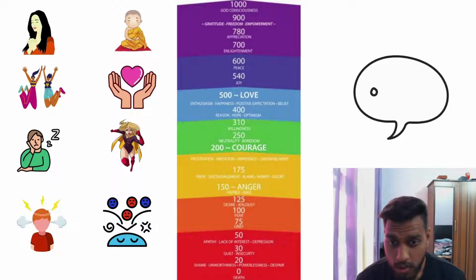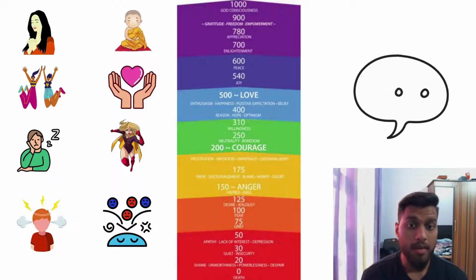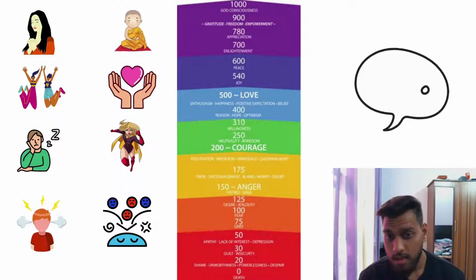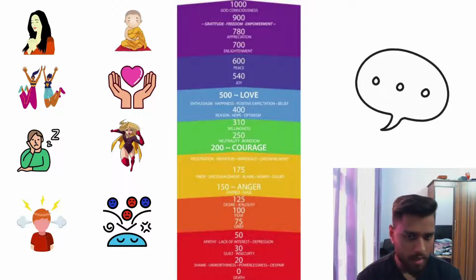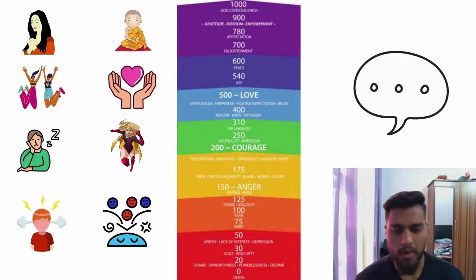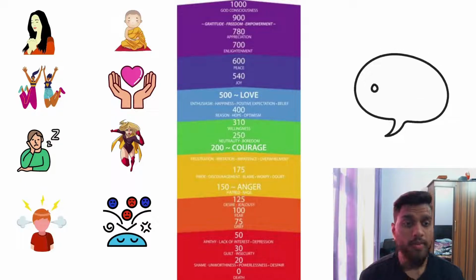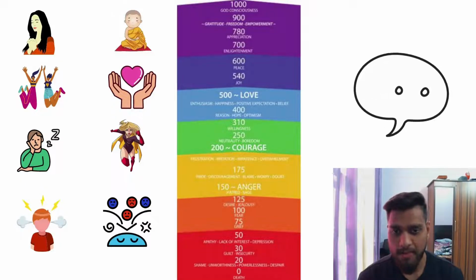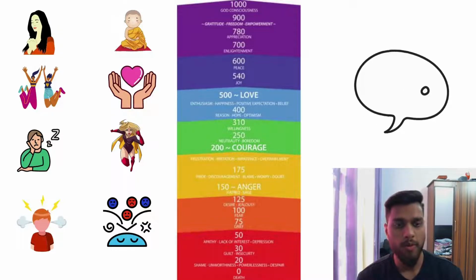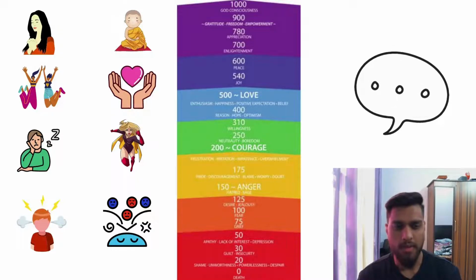So let's go up. 175 is pride, discouragement, blame, worry, doubt. These emotions are much better than the 20s, shame and unworthiness, and the 30s, guilt and all. But 175 still comes under negativity. Some people think that pride is a very good and powerful emotion, but actually it's negative.